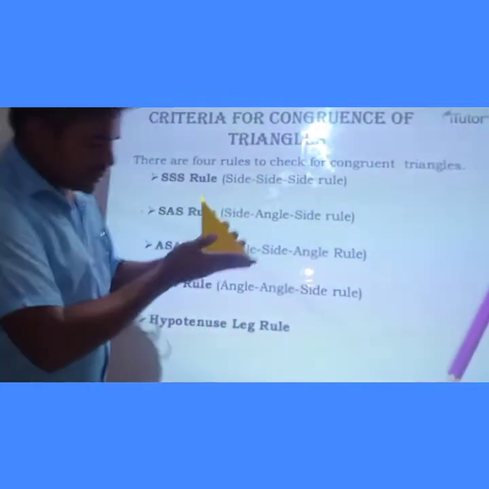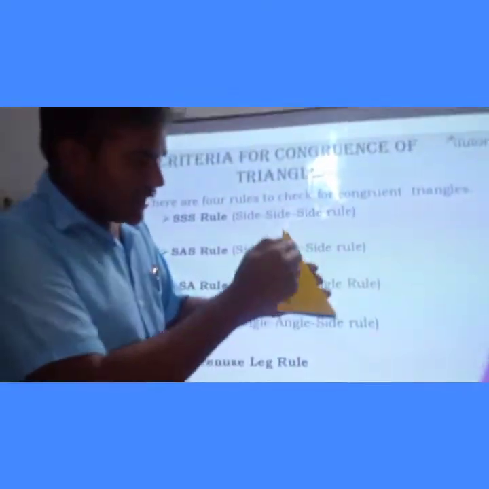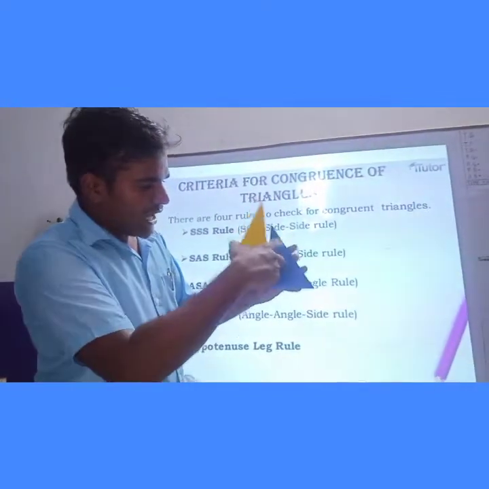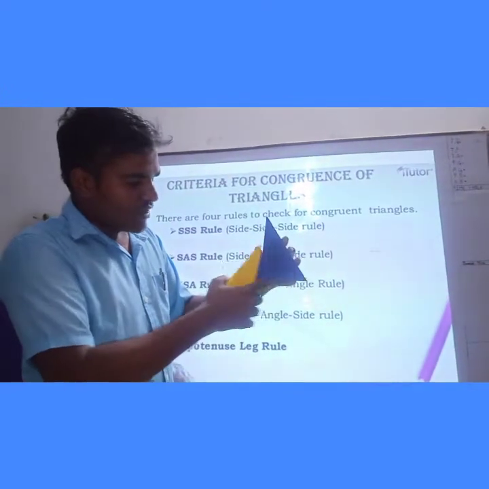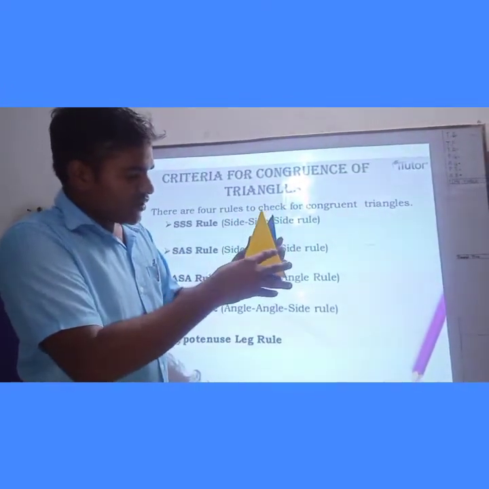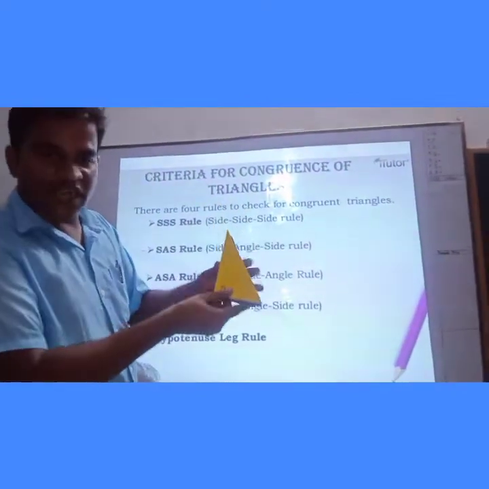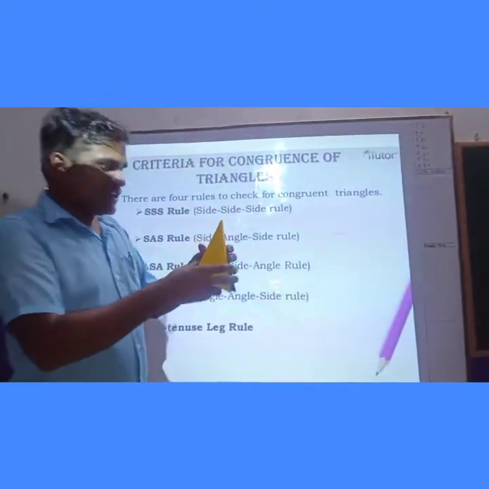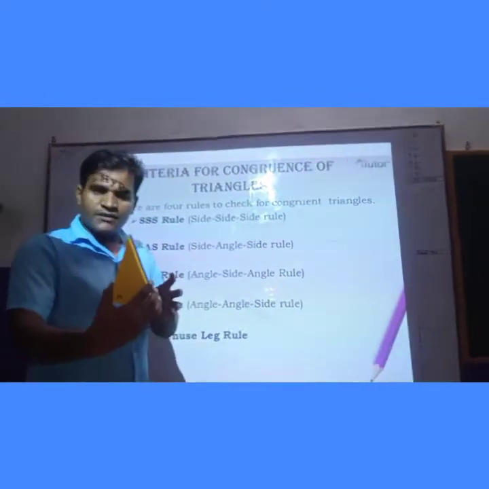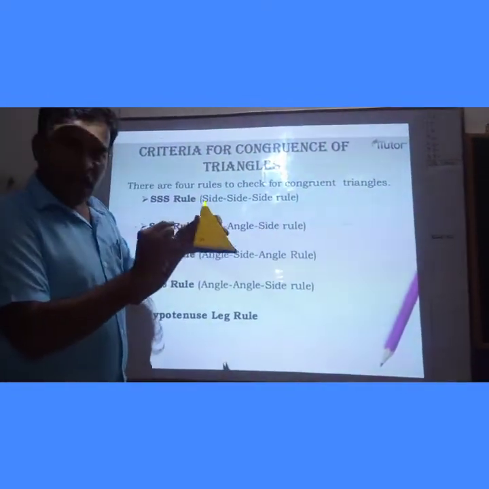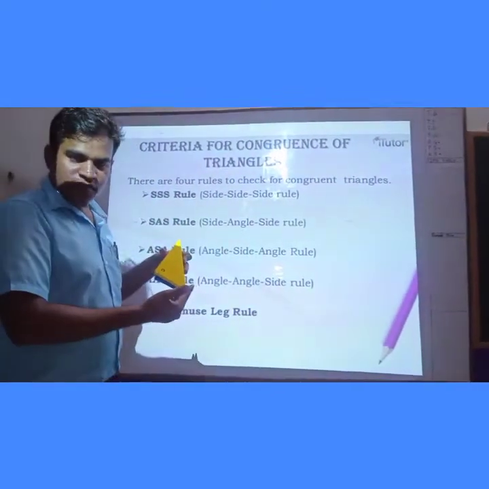So children, in these two triangles, right angle, hypotenuse, this is the hypotenuse, and one side correspond to the right angle, hypotenuse and one side of the other triangle. So these triangles are congruent by the congruency criteria RHS.